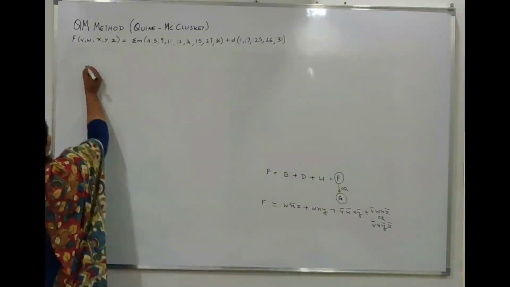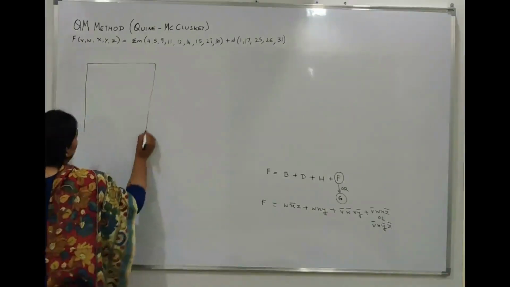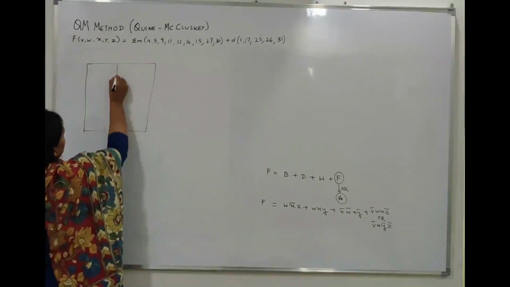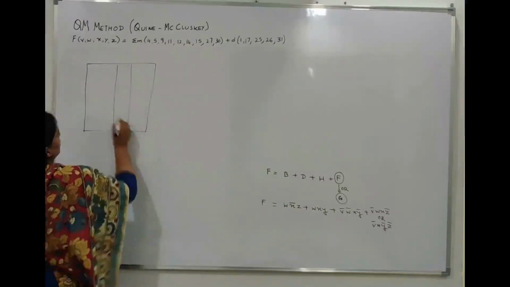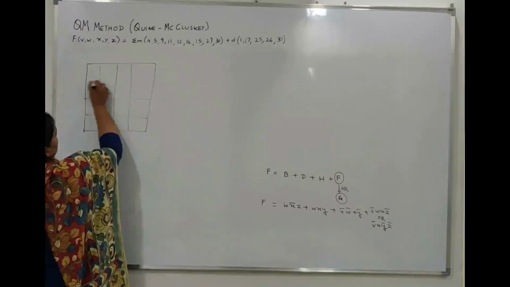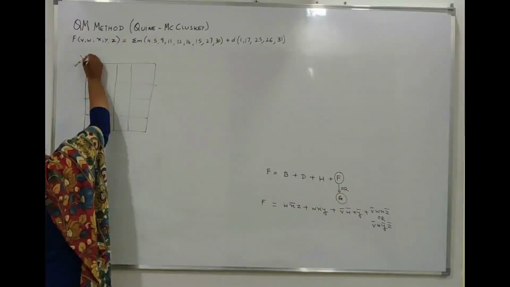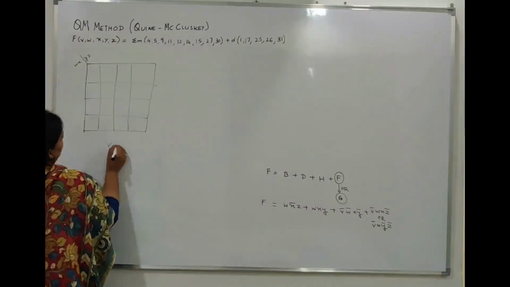How do you make it? It's 5 variables, so make two 4-variable K-maps. This is W, X, Y, Z, and here V is equal to 0.